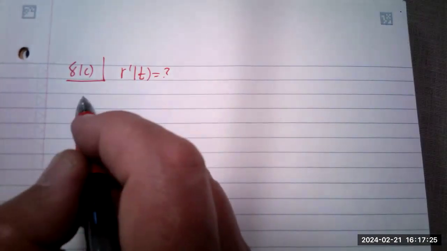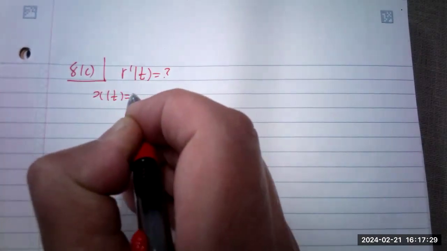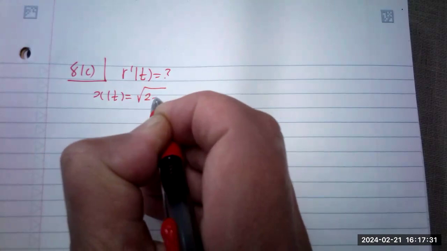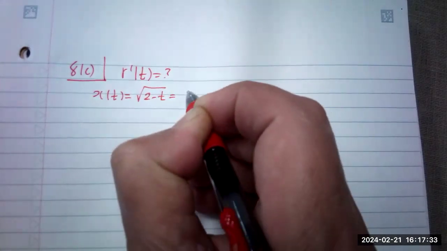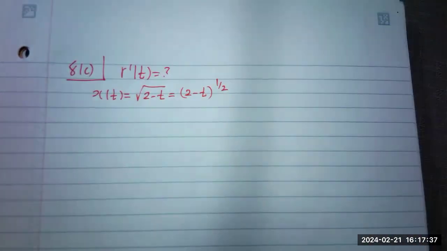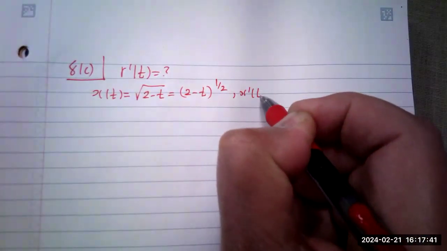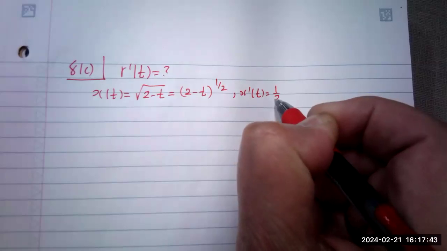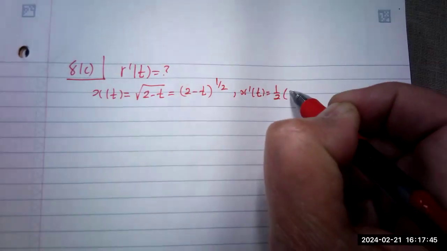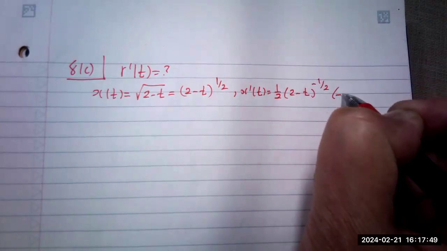Remember, I just take them out and explain it. The first component is square root of 2 minus t. You want to differentiate it, you have to rewrite it, then apply the chain rule. So x prime of t would be 1/2 times (2 minus t) to the negative 1/2 times u prime, which is negative 1.